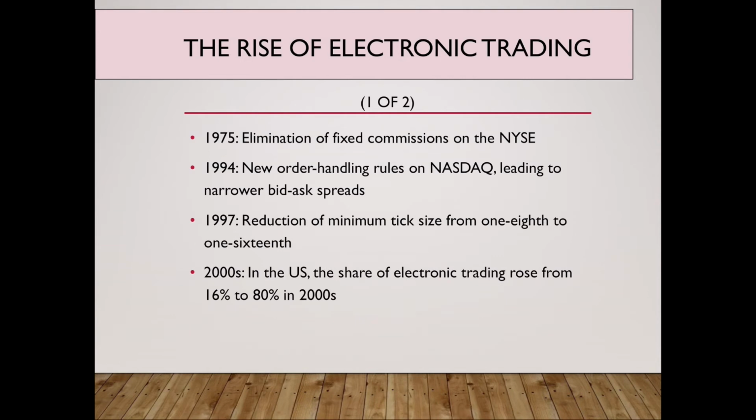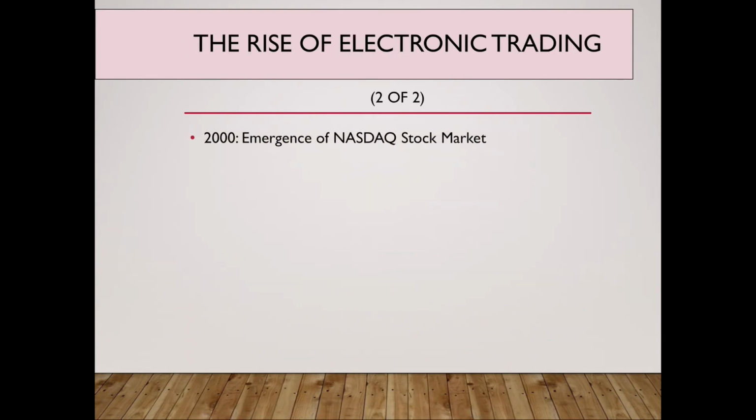Then in the 2000s, in the U.S., the share of electronic trading rose from 16% to 80%. As I said, 80% of transactions are now done using these electronic communication networks. In 2000, we had the emergence of the NASDAQ stock market, which was effectively a large electronic communication network.